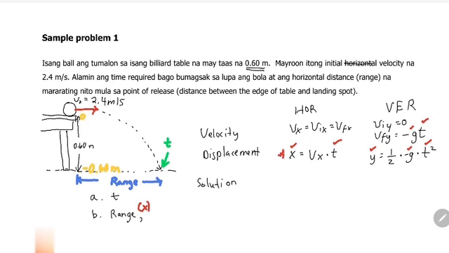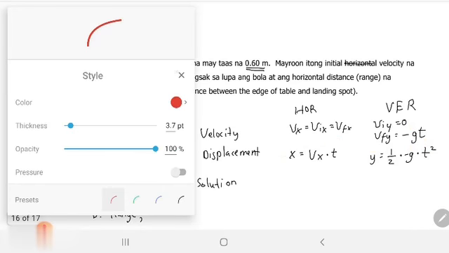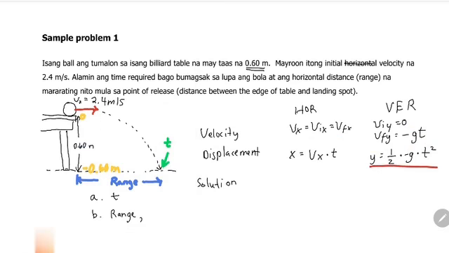I cannot use this one either because hindi ko alam yung final velocity ng bola or ano yung velocity niya sa point na to. So definitely I should use this equation to get the time. Okay, so y equals 1/2 times negative g times time squared.